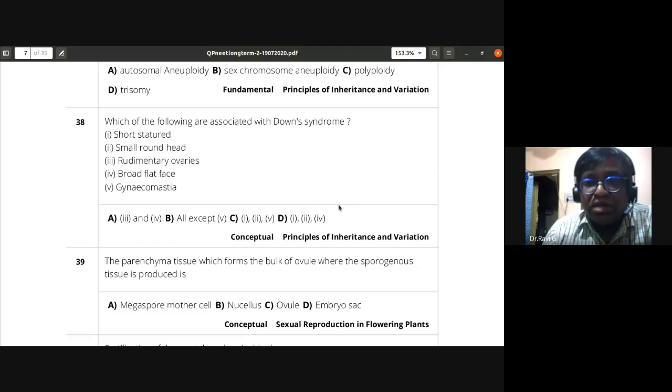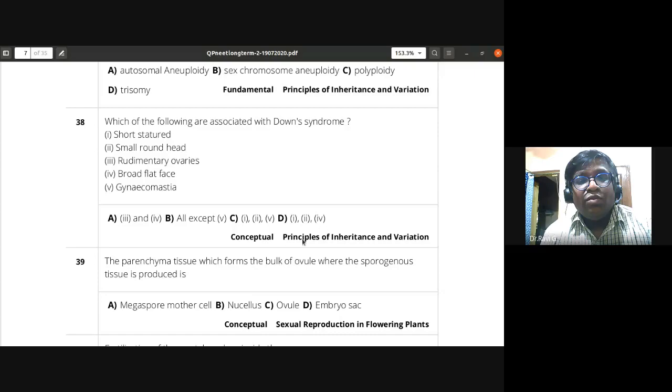So D is the answer. 1, 2, and 4, you find these choices in D. So Down syndrome, they have short stature, small round head, broad flat face. Okay, they look like mongoloids. That is why Down syndrome is also called mongoloid syndrome or mongoloidism. Okay, D, 1, 2, and 4 is the answer.